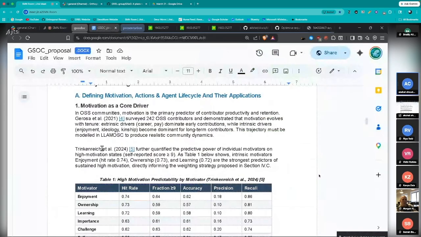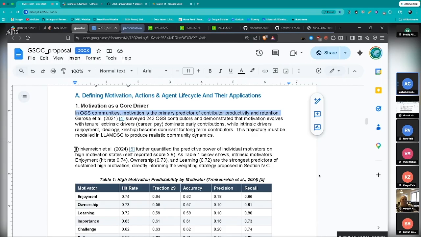I have looked through some research papers on motivation, and in open source communities, motivation is the primary predictor of contributor productivity and retention. So motivation is basically the central thing for this project.